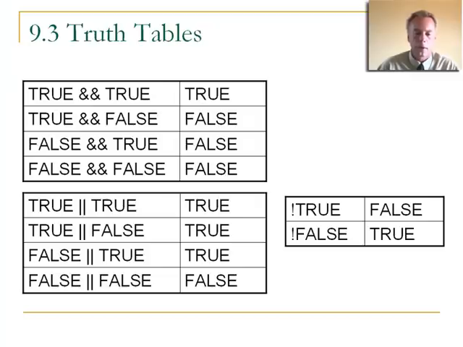With or, the table at the bottom left here, true or true is true. True or false is true. Only one of them has to be true in order for the result to be true. So in all cases except one, we have the resultant value true, and that's when both of them are false. So one of them must be true when we're ORing them together in order to get a result of true.